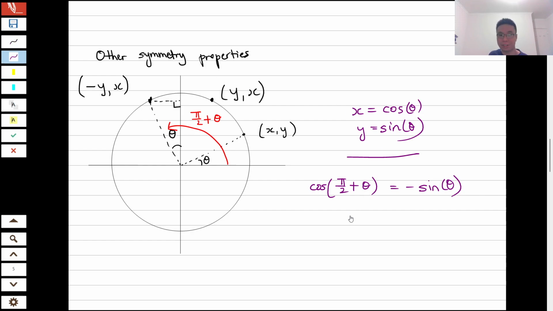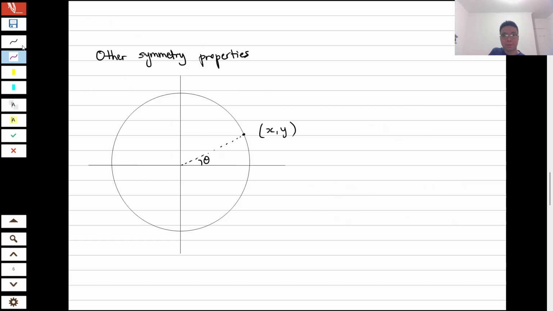Similarly, sine of pi on 2 plus theta, that's the y coordinate, which is x for this point, and x is cos theta. Now again, if I take the sine of an angle in the second quadrant, I expect it to be positive. And notice, it's coming out as positive. Okay, we'll do this 2 more times for the third and fourth quadrant.